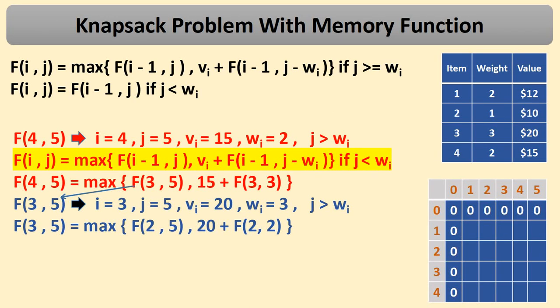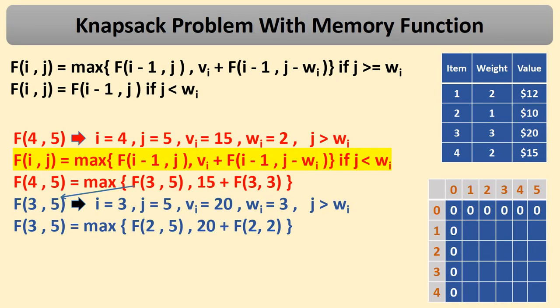So what is first formula? f of 3 comma 5 equal to maximum of f of i minus 1, so 3 minus 1 is 2, f of 2 comma 5 comma, vi is 20, plus f of i minus 1 comma j minus w. So i minus 1 is 2 and j minus w, j is 5 and w is 3, so 5 minus 3 is 2.